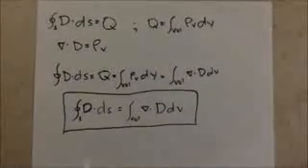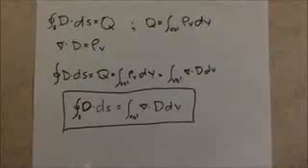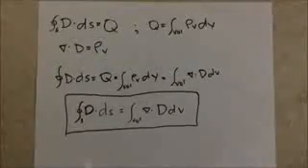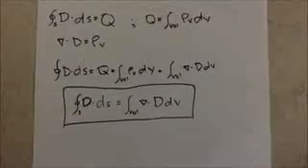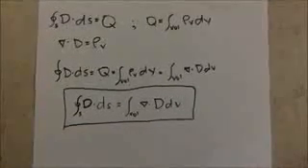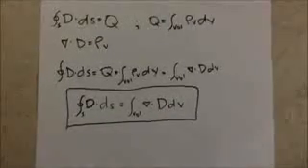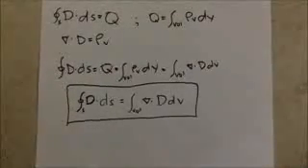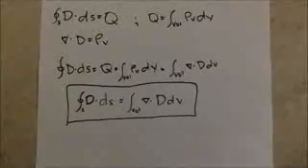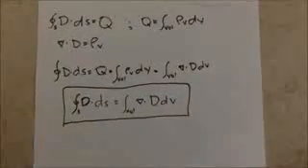and letting Q equal the integral of rho v dv, then replacing rho v by its equal, del dot D. We will have the closed integral of D dot dS equals Q equals the integral of rho v dv equals the integral of del dot D dv.